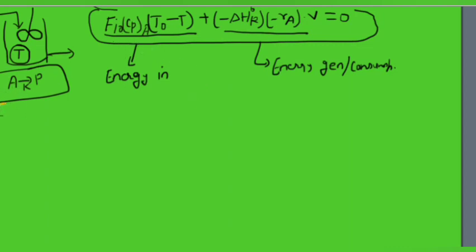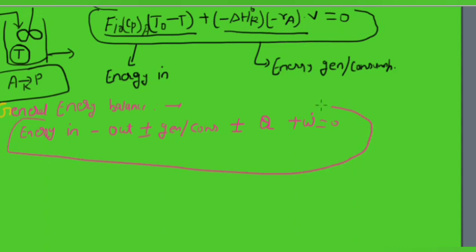So in general, if you want to write the general energy balance, you can write it this way: energy in minus energy out plus minus generation or consumption plus minus Q plus W dot equals 0.